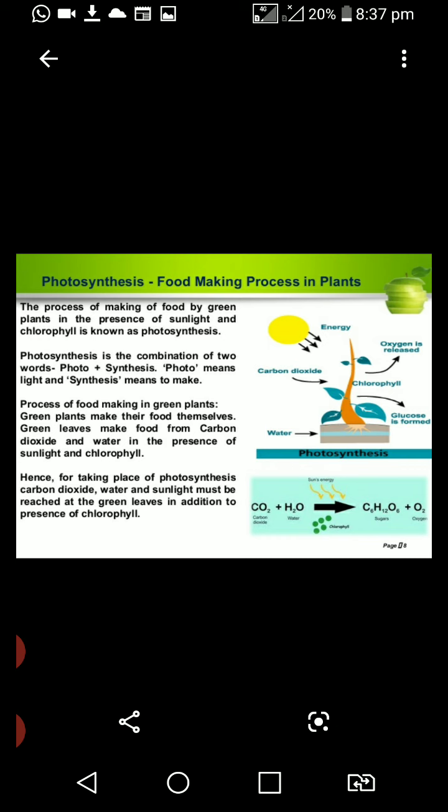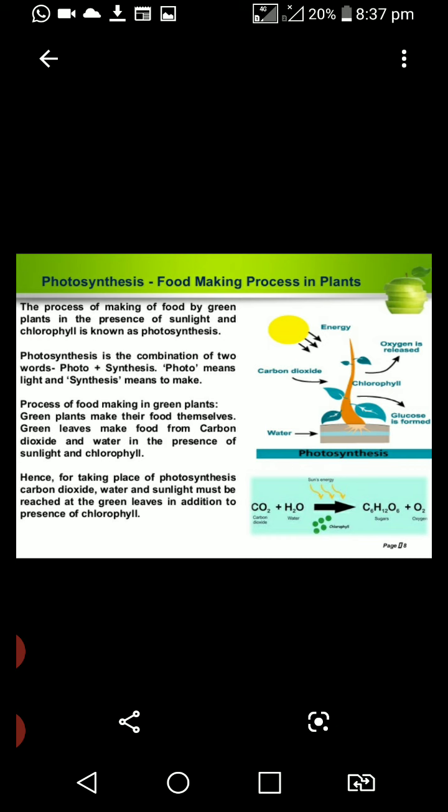Green leaves make food from carbon dioxide and water in the presence of sunlight and chlorophyll. Here the pigment chlorophyll is very essential for the preparation of food. Hence, for photosynthesis to take place, carbon dioxide, water and sunlight must reach the green leaves in addition to the presence of chlorophyll.